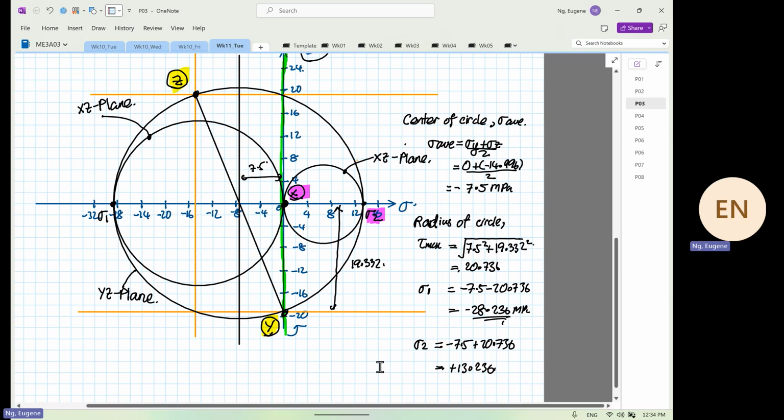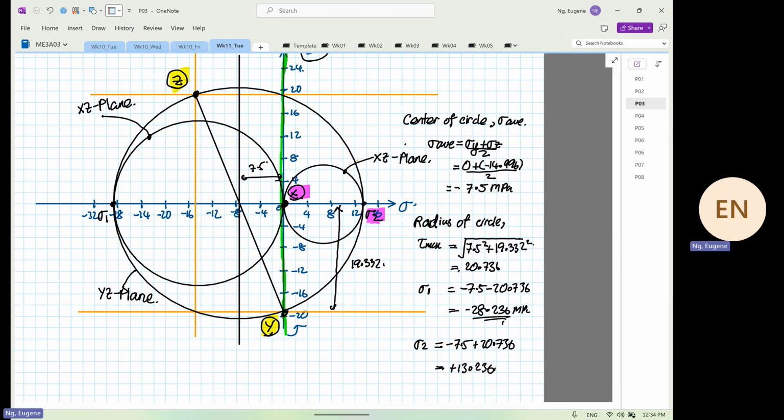Wait, did I label it? So this is XZ plane. This is XY plane. Yeah, I made a mistake again. And the last one is YZ plane. Is it okay? Thank you for spotting the mistake. I'll buy you a pint of orange juice. I know you don't drink. Okay, so this is a 3D Mohr circle.